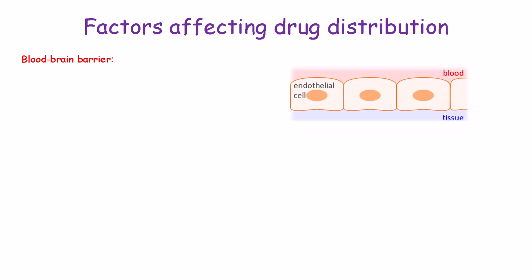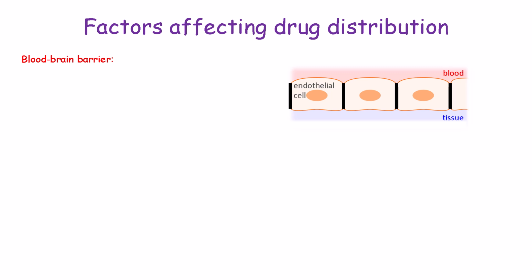While drugs distribute to most tissues according to their physicochemical properties and blood flow, some barriers significantly restrict drug movement. A key example is the blood-brain barrier. As elsewhere, drugs have to move across the endothelial cells lining brain capillaries. But the endothelial cells in the brain have tighter connections, making it harder for drugs to cross by the paracellular route.